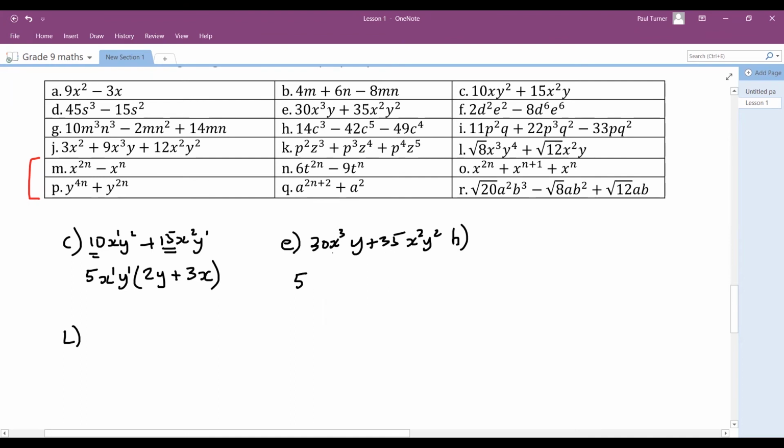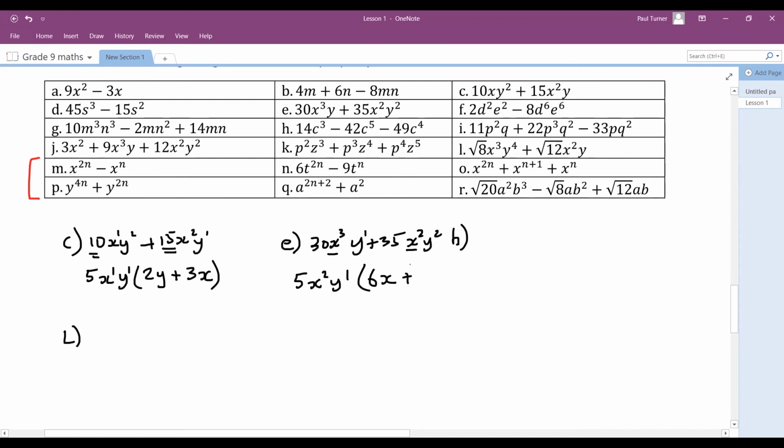We have an x cubed here. We have an x squared. So the lower power is the x squared. So take that out. We have a y squared and a y. y is y to the 1, so take out y to the 1, the smaller power. We would be left then with 5 times 6, 30, x squared. We have an x cubed, so there'll be one x left, and the y has come out.